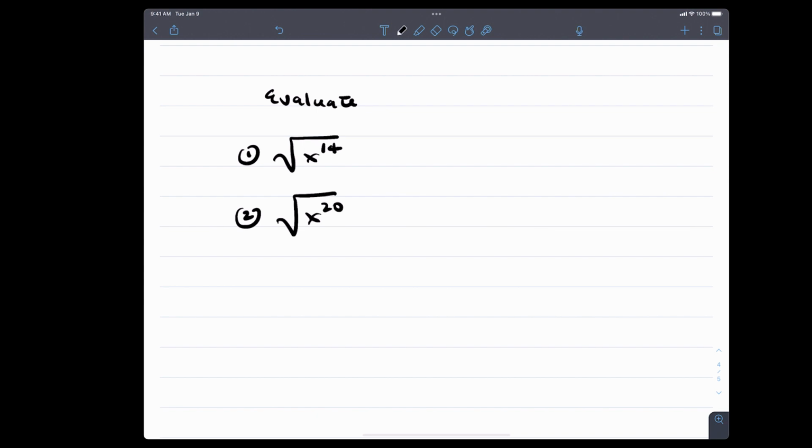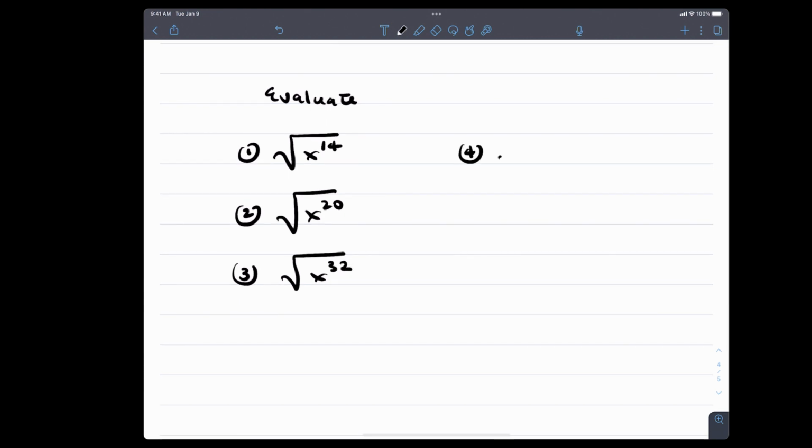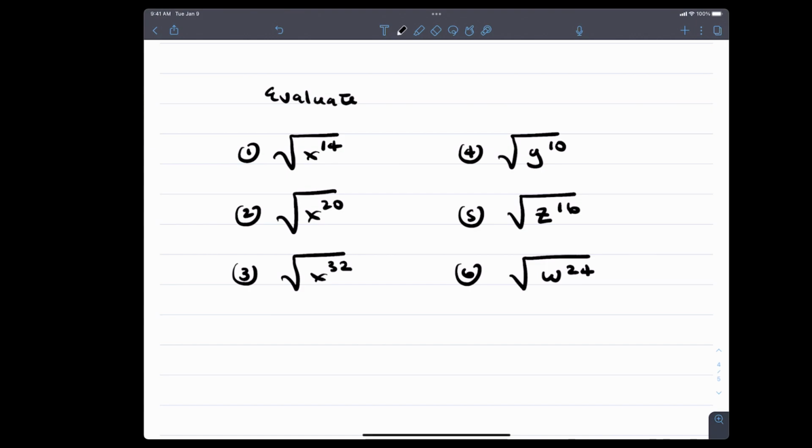X to the 20th power. X to the 32nd power. Y to the 10th power. Z to the 16th power. W to the 24th power.